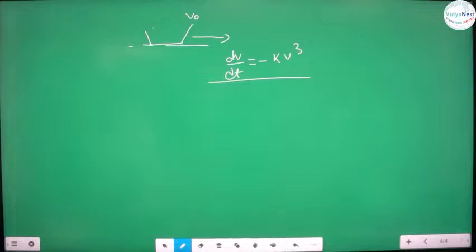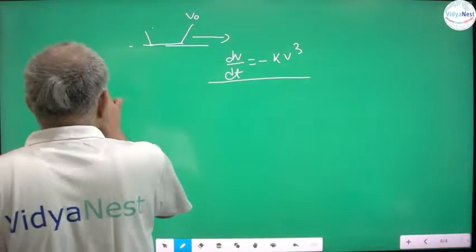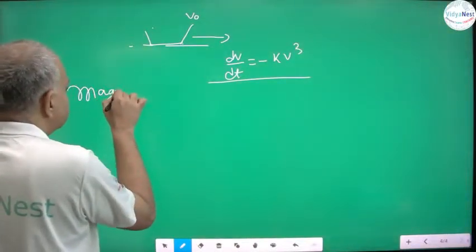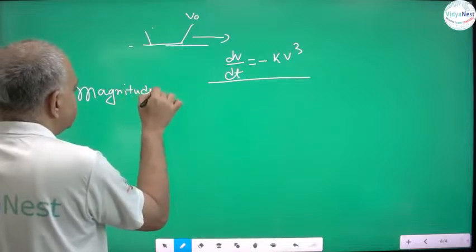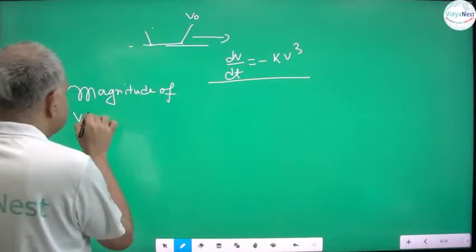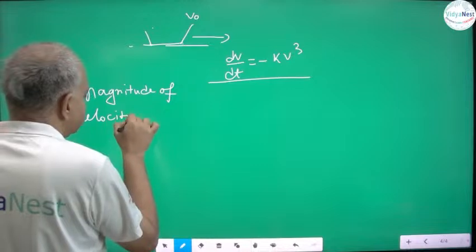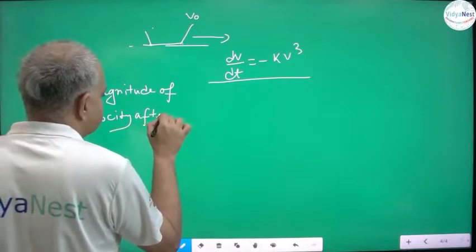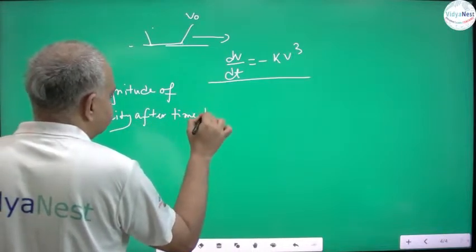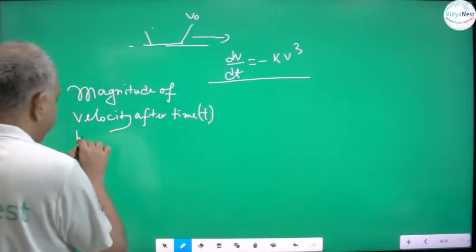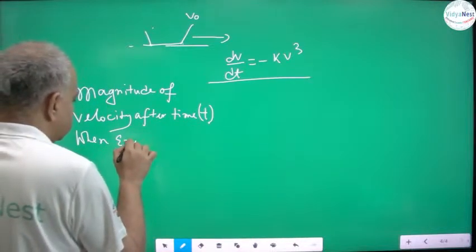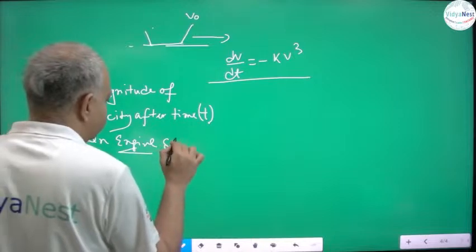So now we have to find the magnitude of the velocity after time t when the engine stopped.